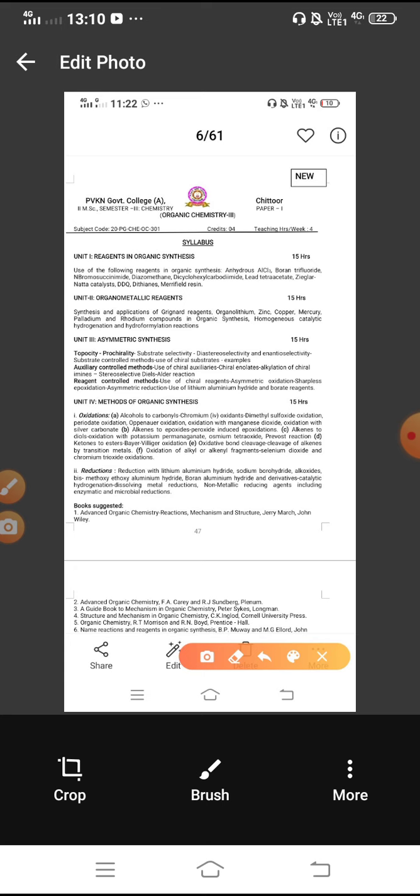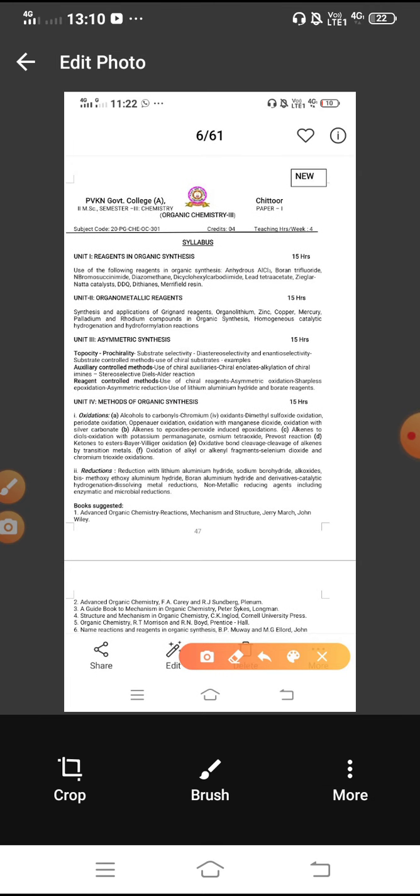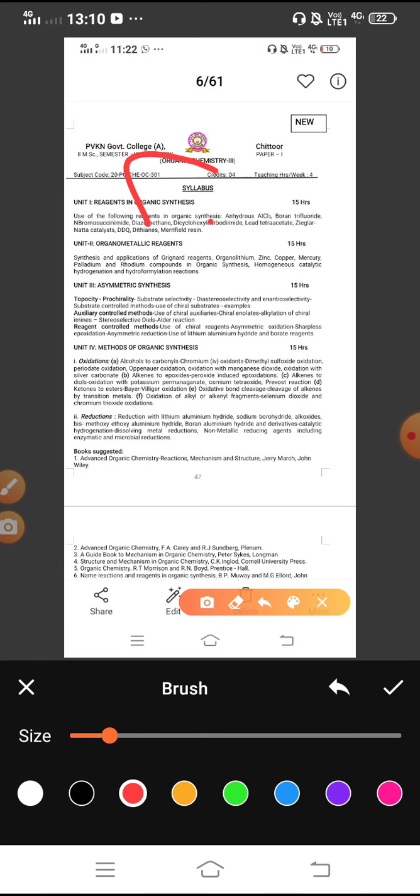So oxidation of alcohols. In part A, alcohols to carbonyl compounds. So what is alcohol to carbonyl compound? Alcohols to carbonyl by using chromium 6, that is, CrO3 reagents are chromium 6.